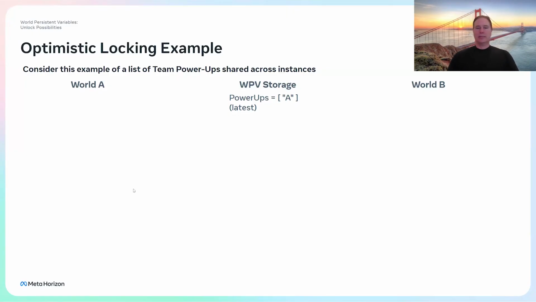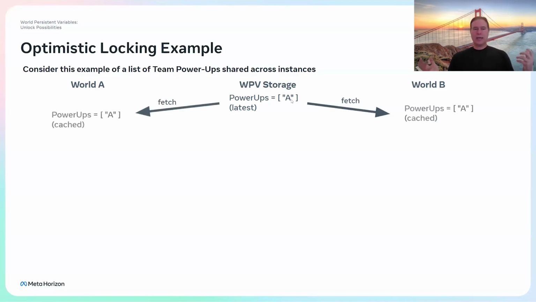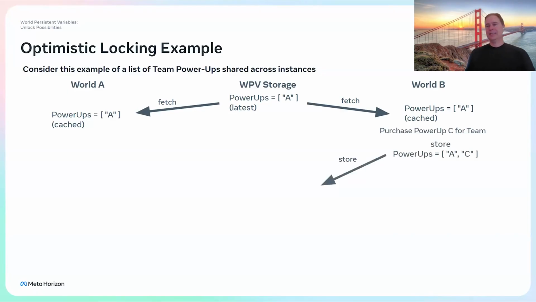Initially, the power-ups list has just power-up A in it. So when worlds A and B start, they both fetch and cache the current value of the power-up list, which is A. And then a little bit later in world B, someone purchases power-up C for the team.